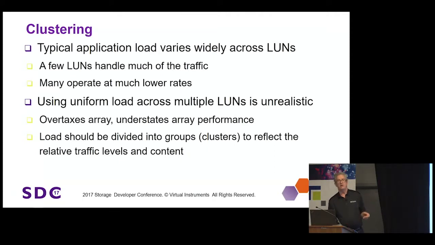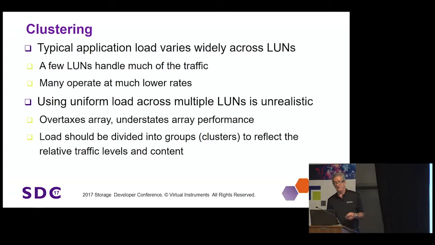We do something called clustering. It's often the case you'll have a few LUNs, in this case I'll talk about block, a few LUNs that are doing a significant part of the load, maybe 25, 50%, and then it drops off very quickly, and most of the LUNs are getting very little traffic.